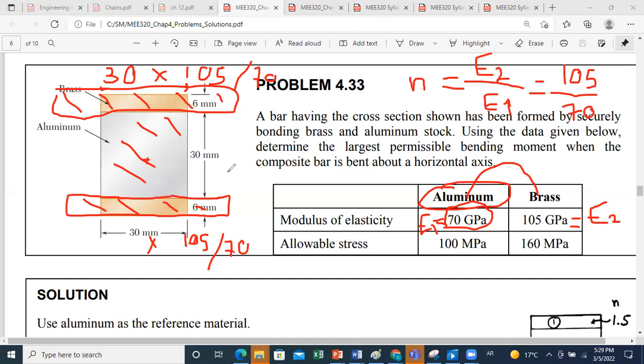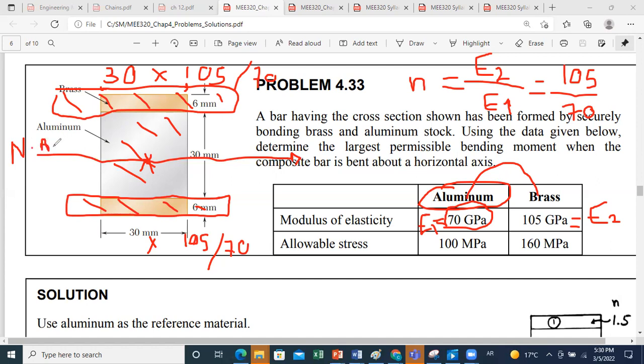Here it's obvious because of symmetry, the neutral axis will just be at the middle. So no need to do any calculation because the figure is symmetrical with respect to this axis. So the neutral axis will pass through the center of the aluminum rectangle. And this is my neutral axis.